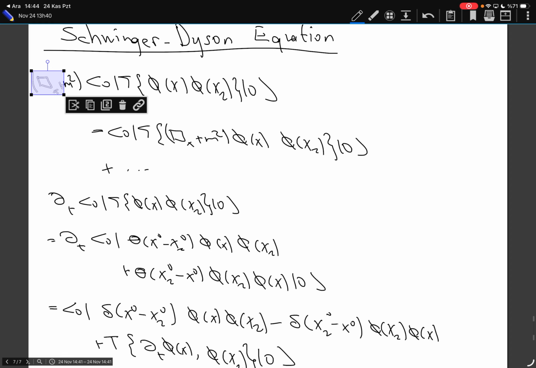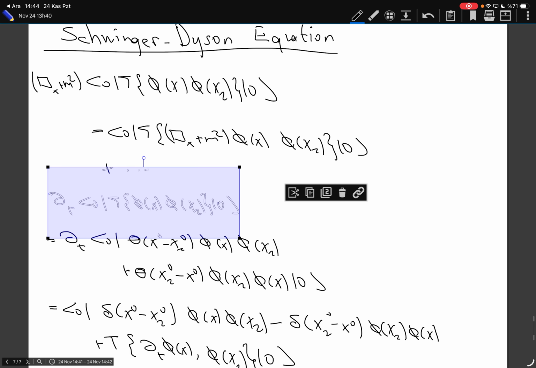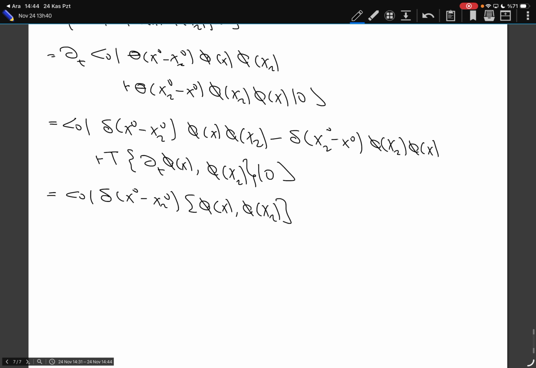I'm just trying to figure out how that second time derivative acts on the time-ordered product. So I just calculated the first derivative. Where is the second derivative there? Now I will calculate the second derivative. Okay.